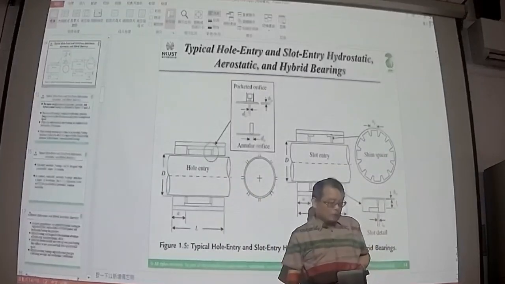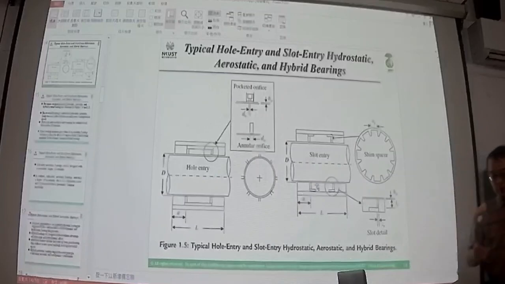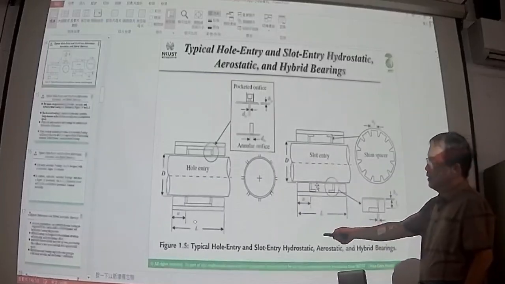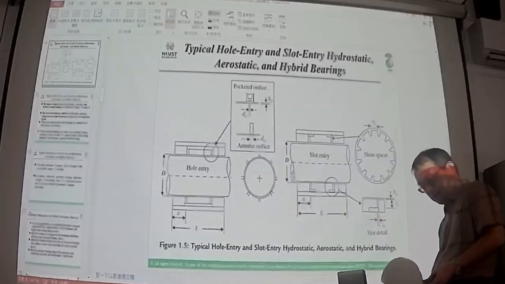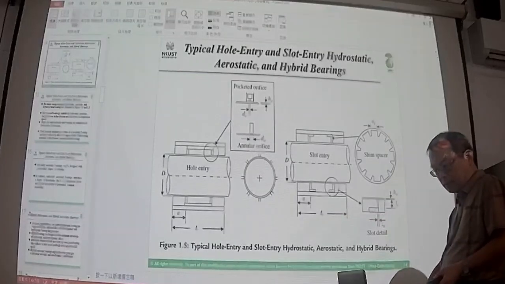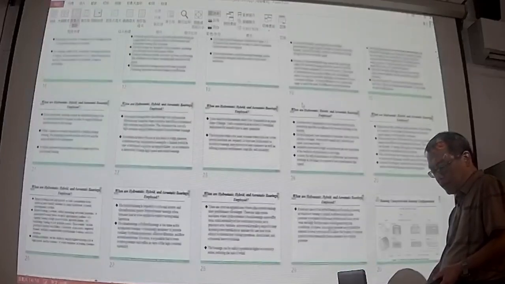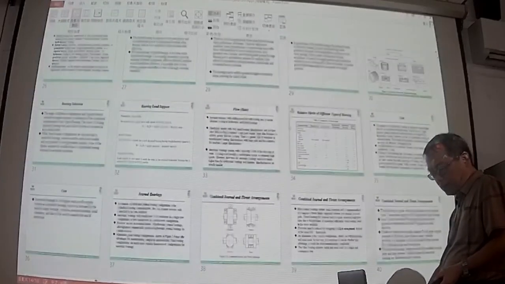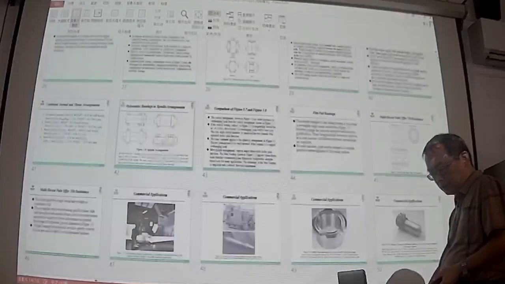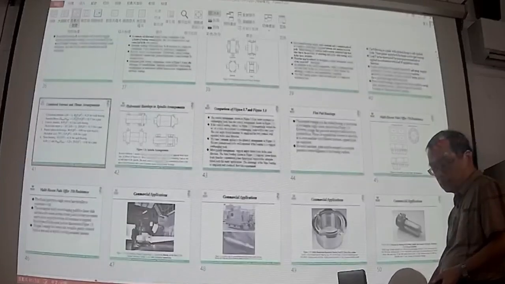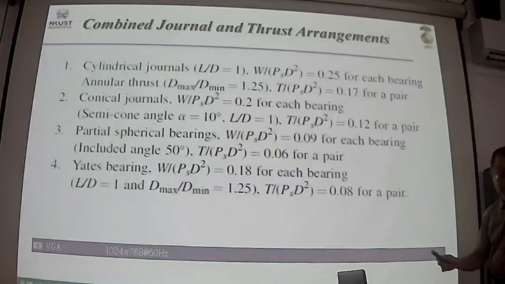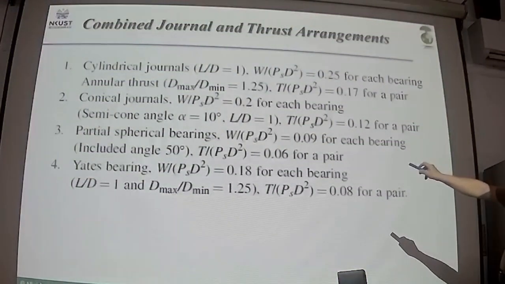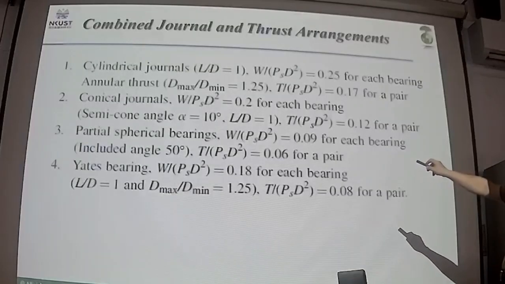Okay. For journal bearing design, usually we design the length equal to the diameter. So when you design your basic journal bearing, this means you need to design the configuration with the length equal to the diameter.